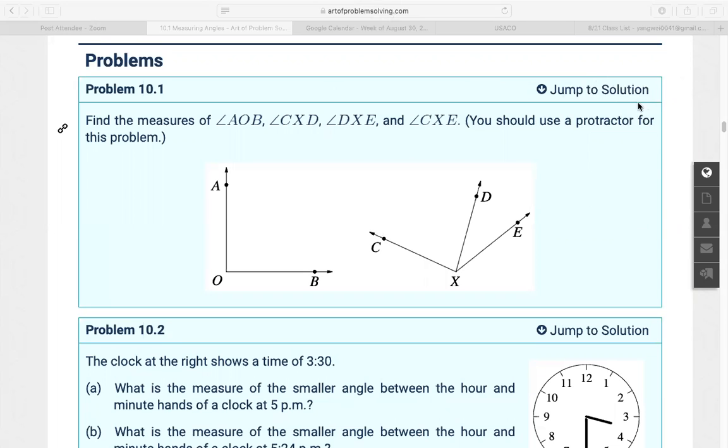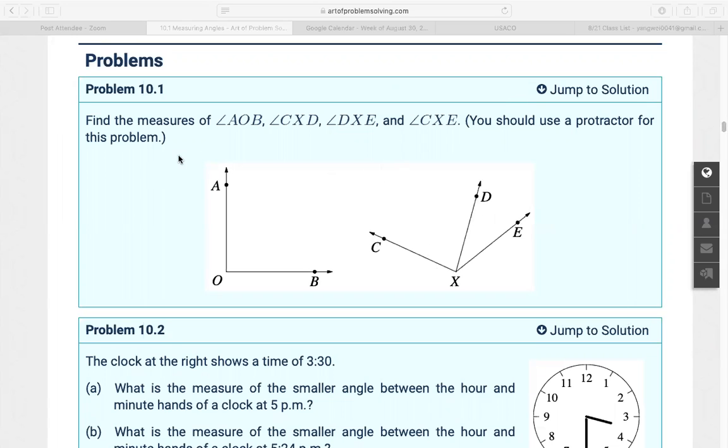Okay, you can send me a private chat. How big is angle CXD? You can estimate, okay? You don't have to be exactly right.